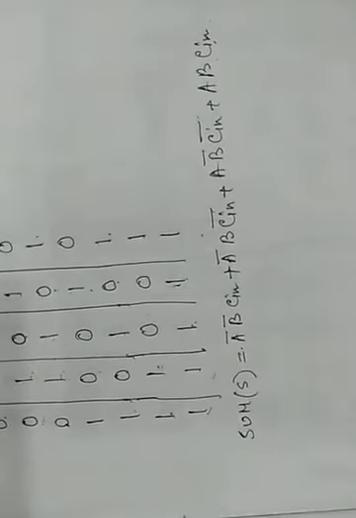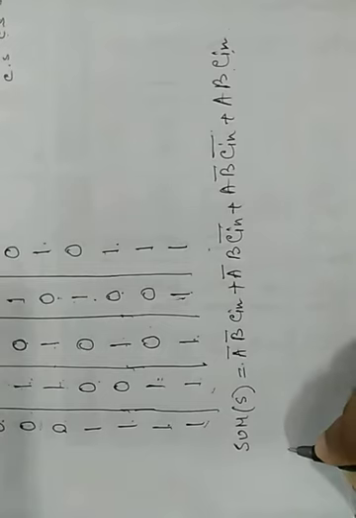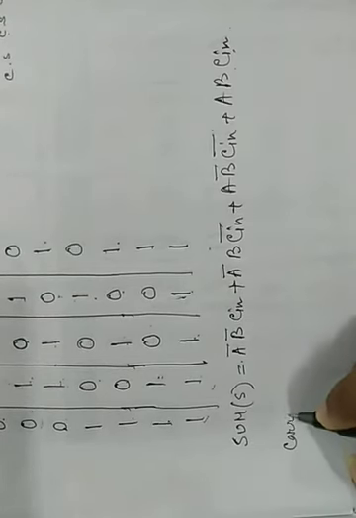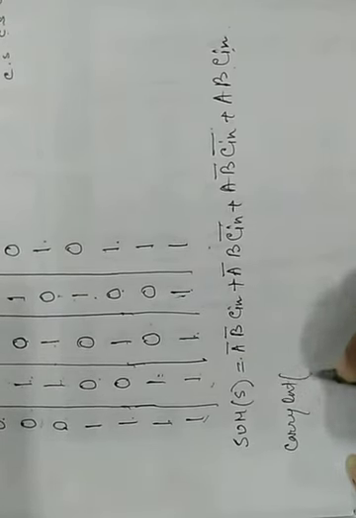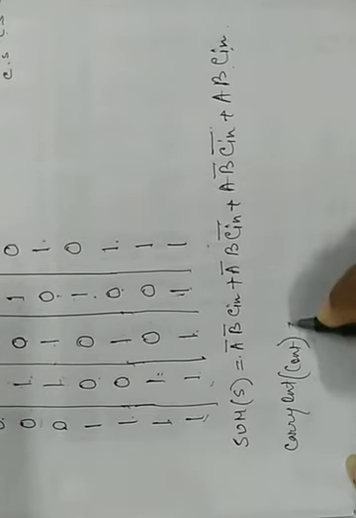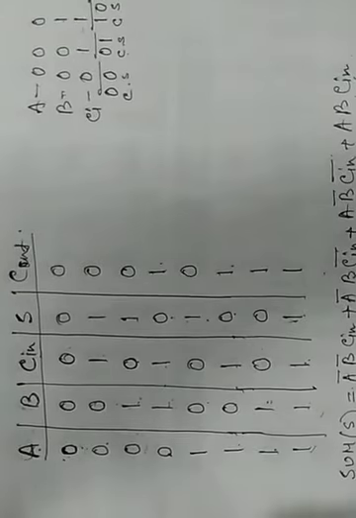We have to simplify it. We will do it later. At first we do the carry out expression. Carry out, C out. At first, let us see what is the carry out expression.